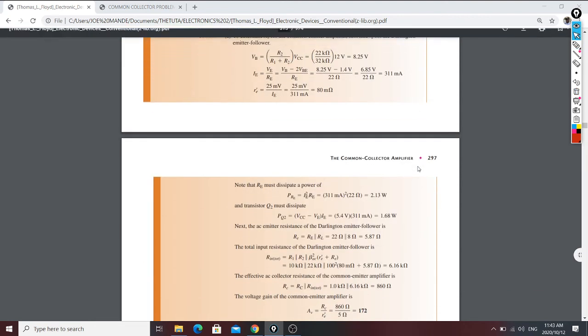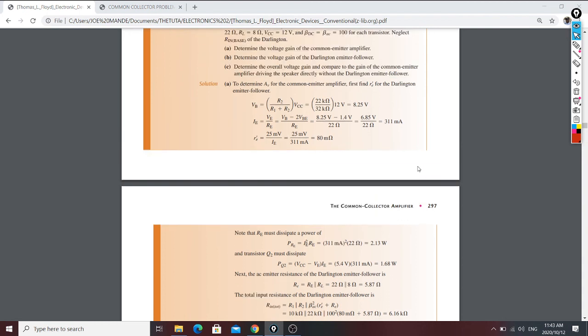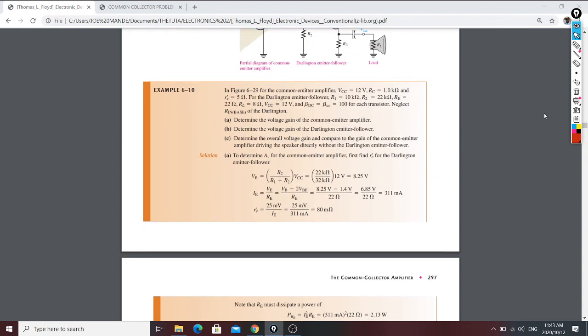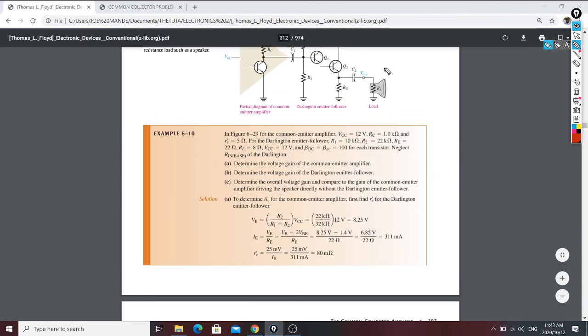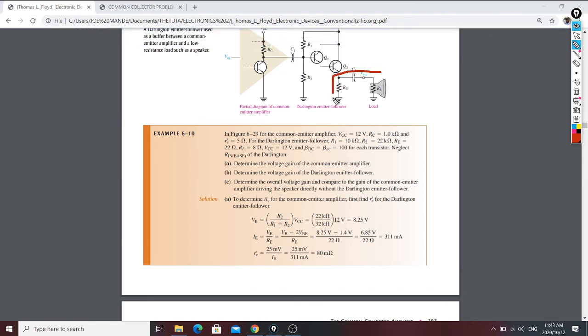But before you calculate your R in base, look here. With the common collector, you need to calculate first your RE, which is a parallel between the R load and the RE.